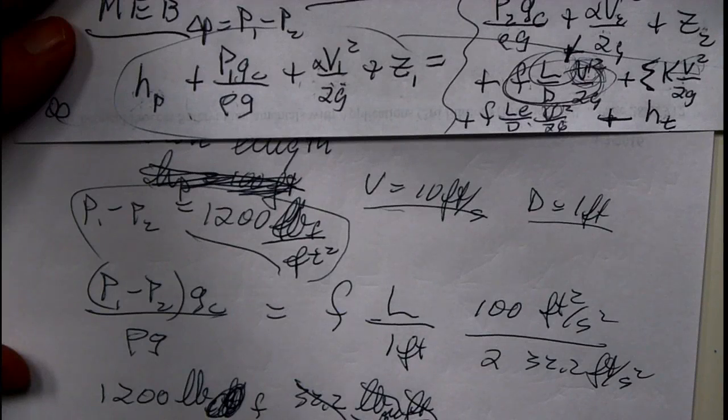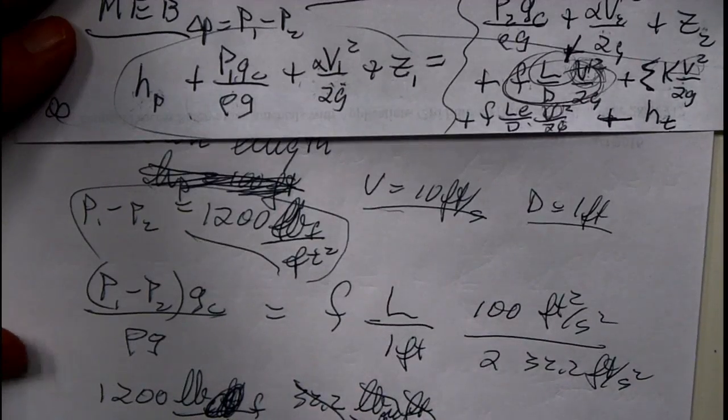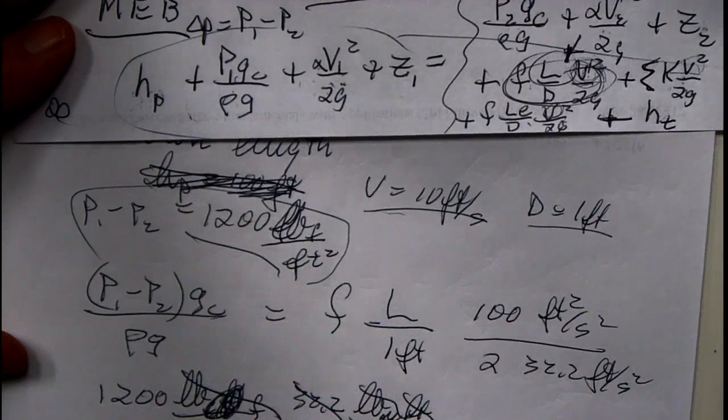And let's see, what else do we have here? This is per square foot sitting here. So this is second squared. Second squared cancels second squared. And when I clean all this up, pounds force cancels pounds force.